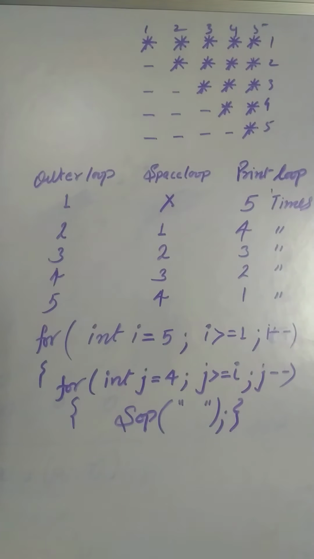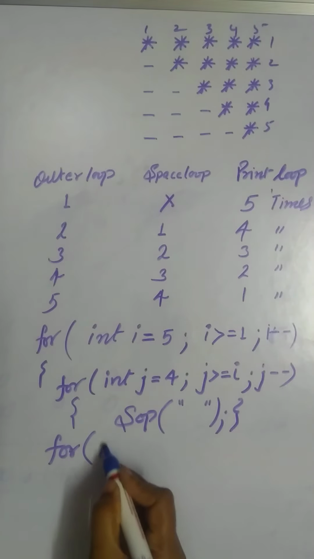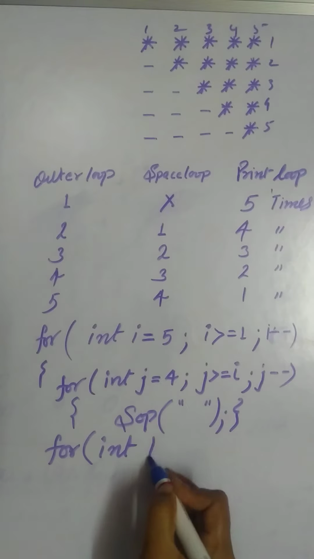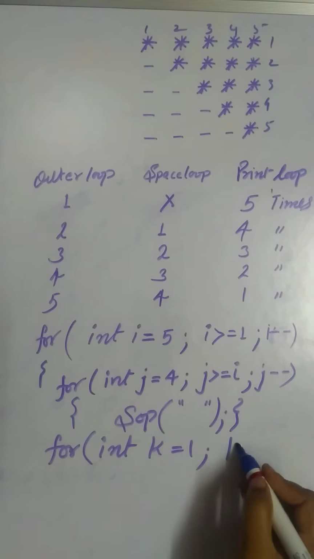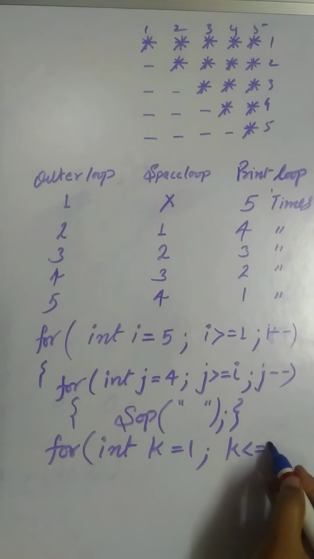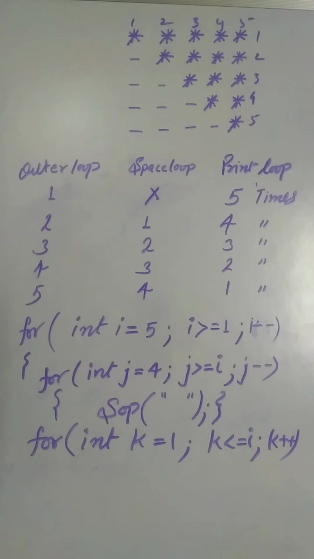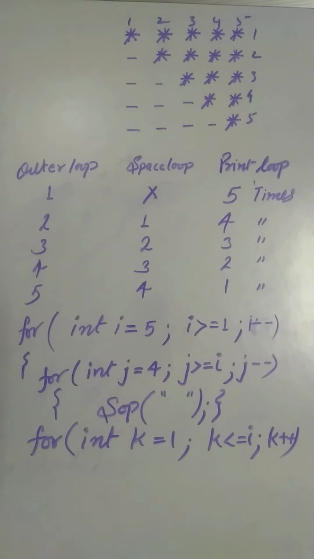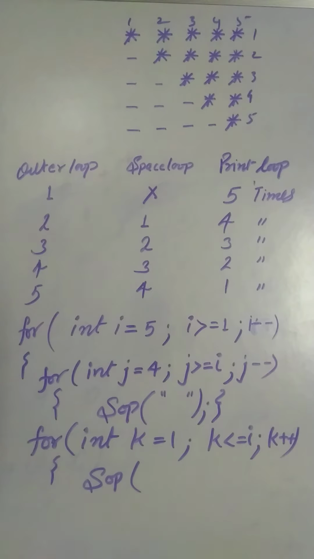That is the first inner loop. Next, the loop for the printing statement. For int, I am taking variable k, the initial value of k is 1, then k is less than or equal to i, it depends on i. Then k plus plus. After this, SOP. What do we have to print? We have to print the asterisk sign.